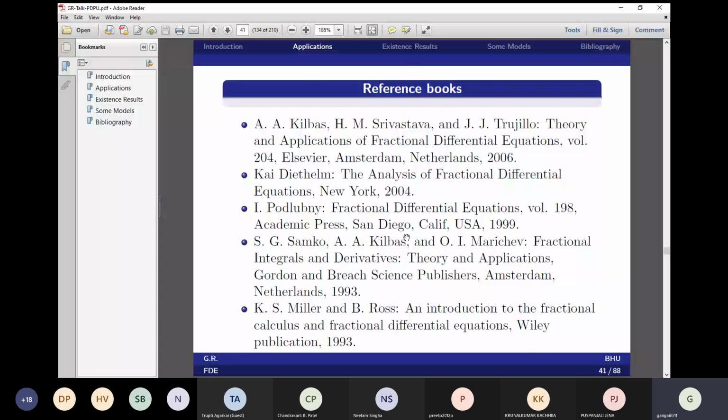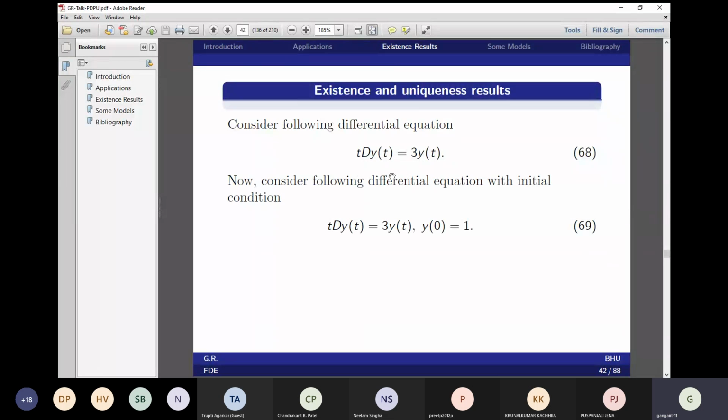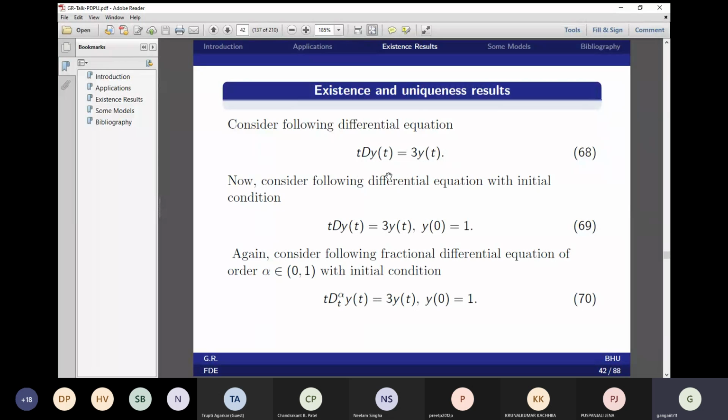Now, some existence results of differential equations. Consider the following equations 68, 69, and 70. These are differential equations. The first two are ordinary differential equations, and the third one is a fractional differential equation.